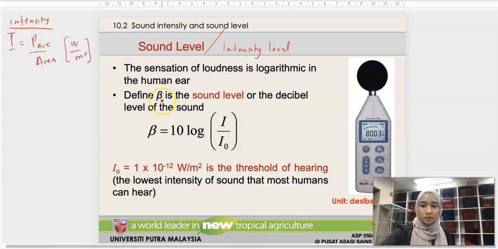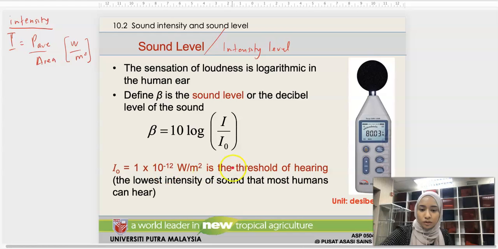Beta is sound level lah ataupun intensity level. So beta is sound level or intensity level or decibel level of the sound. Okay, so decibel is something that we use a lot for my area. Decibel. So decibel is given by this equation, 10 logarithmic I over I naught.